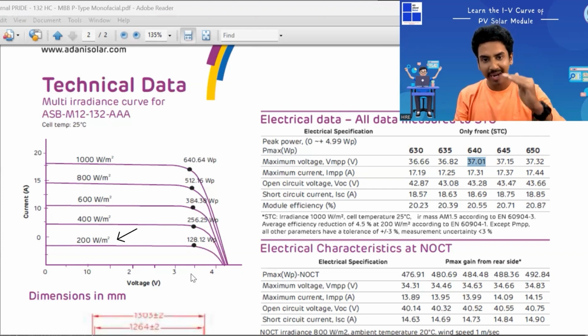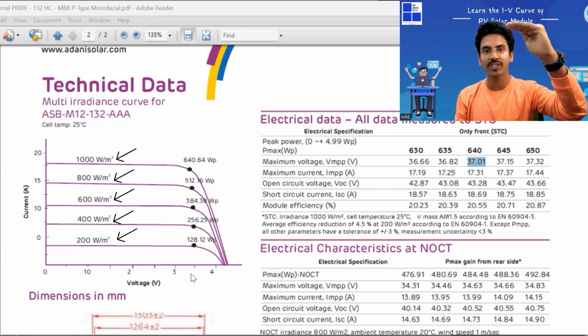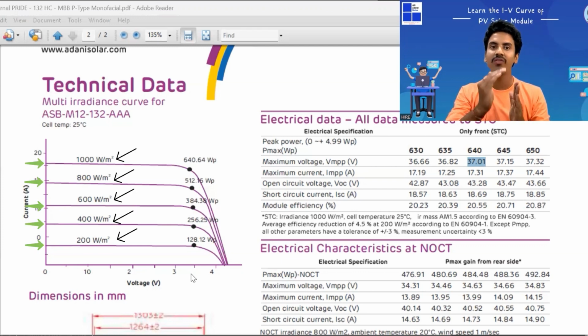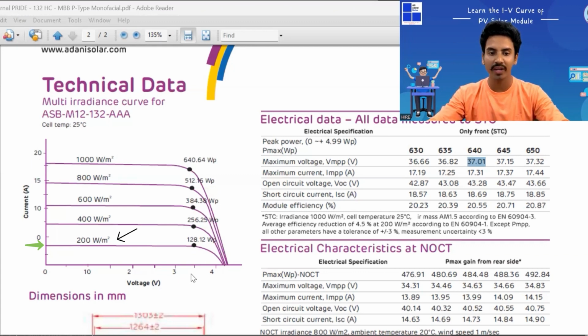But at different solar irradiation, the current value will increase. That means when you have 200 watt per meter square, the current is below 2. And when you have 400 watt per meter square, the current can come to nearly 5 or 6 ampere. When you have 600 watt per meter square, the current can come to nearly 12 ampere.